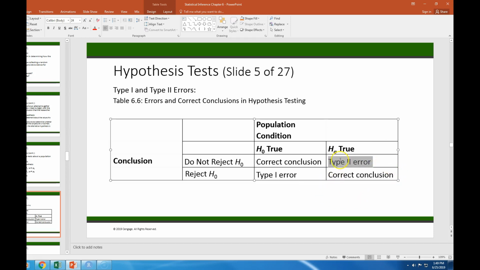So both cases obviously we want to avoid, but depending on how severe the repercussions of each of those errors is, later on we'll see that we can adjust certain parameters in our hypothesis test so that we can avoid type 1 errors specifically, because that's the case when we end up rejecting an in fact true null hypothesis.